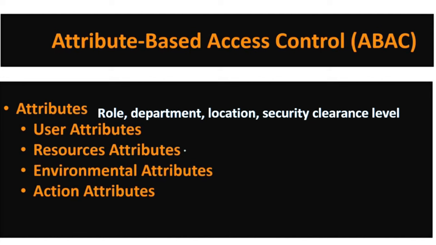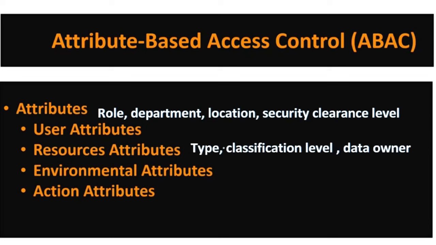And then there are resource attributes. These are the characteristics of the resource such as type, classification, level, and data owner. Like for example, document classification can be confidential. And then there are environmental attributes. These are contextual factors.